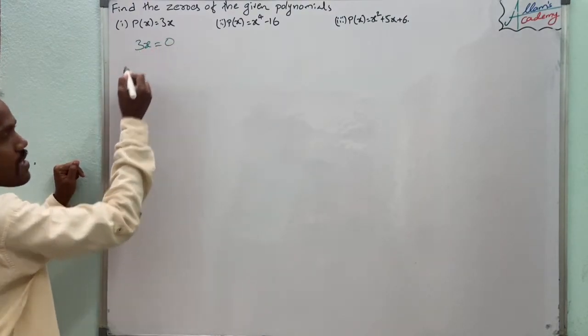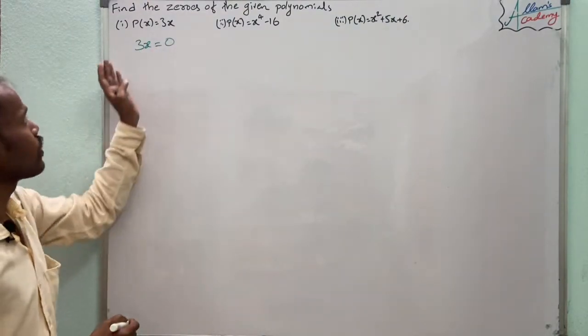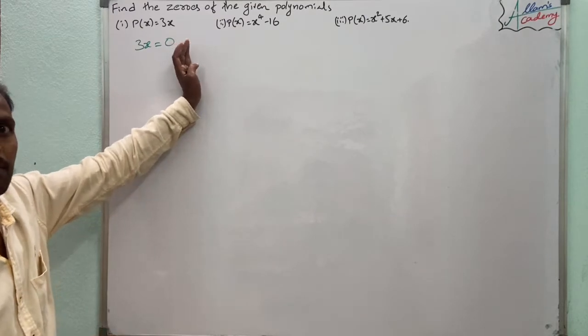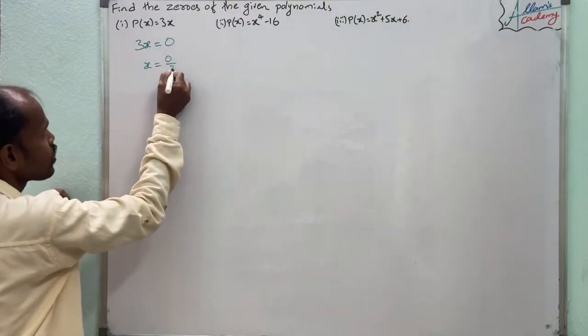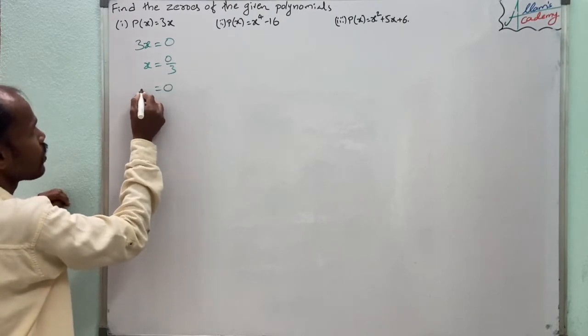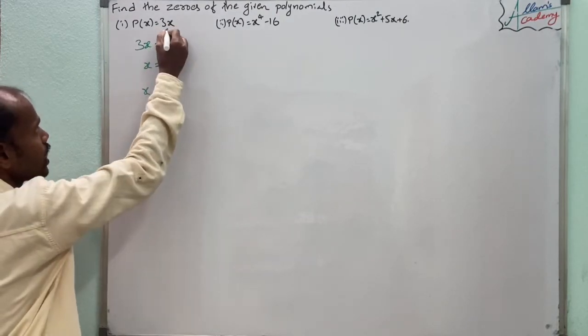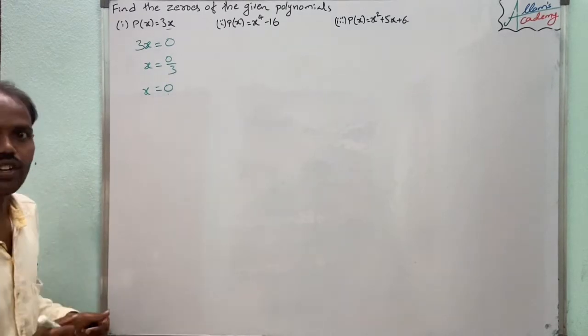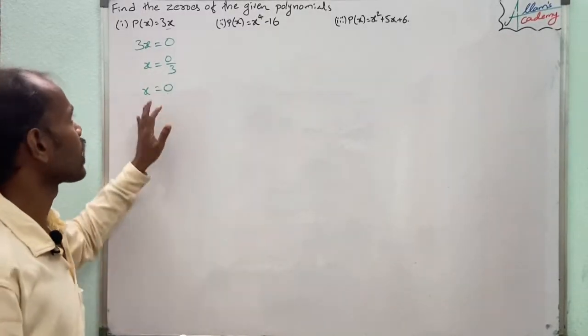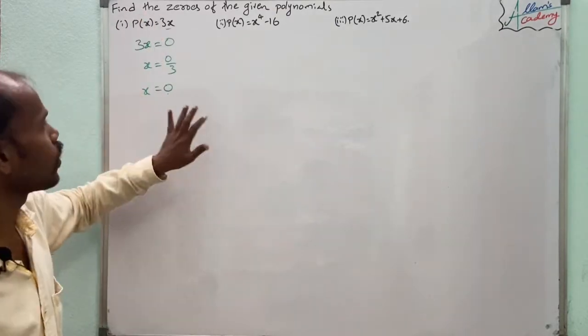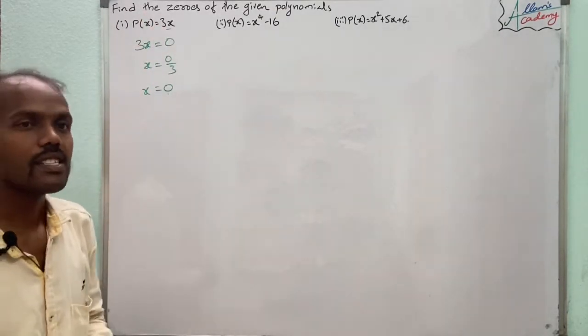Now 3 is multiplied with x, so transferring to this side, multiplication becomes division. So 0 by 3, and 0 by 3 is 0. So the zero of the polynomial 3x is 0. Except 0, any other value we substitute, we can't get 0. Only when 0 is substituted we get 0.